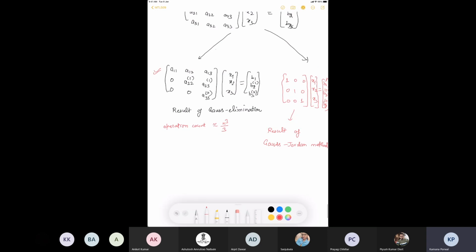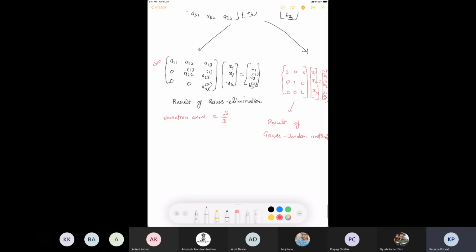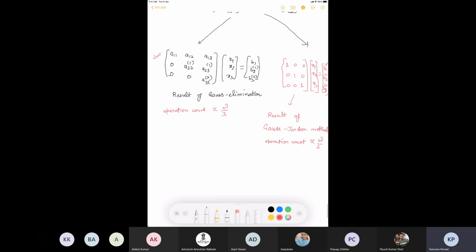And if you perform Gauss-Jordan, the number of operations required is approximately n cube divided by 2. So if n is very large, Gauss-Jordan is going to require more time to get the solution as compared to the Gauss elimination method.